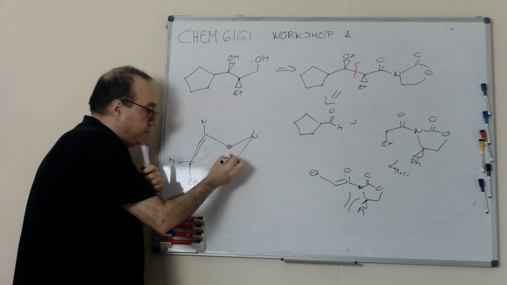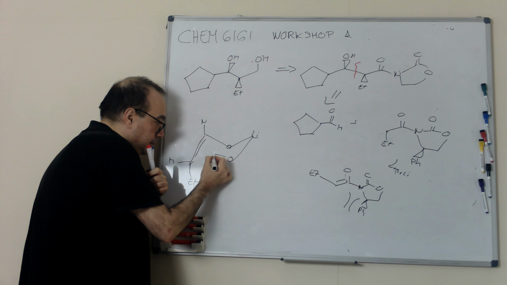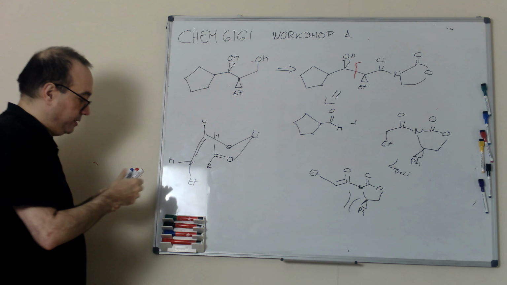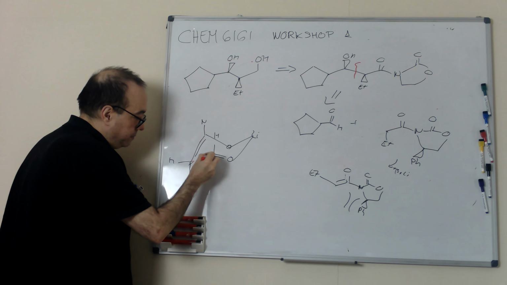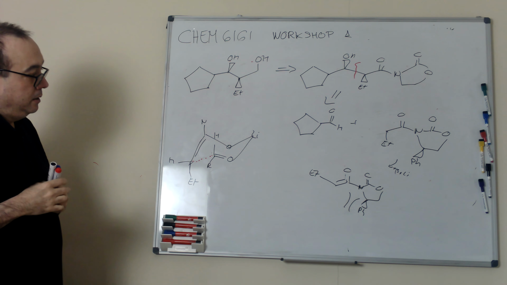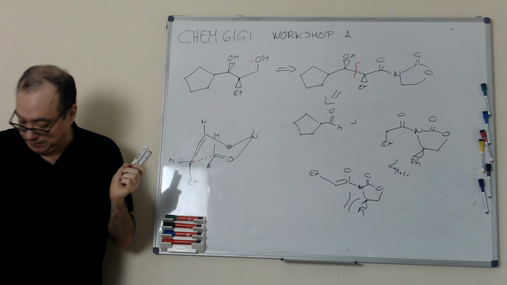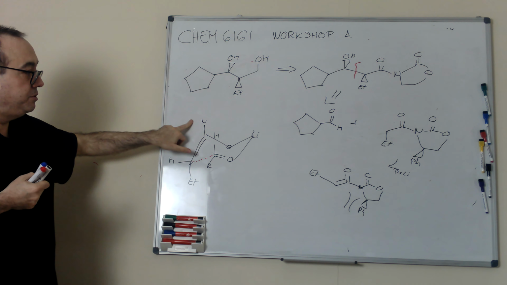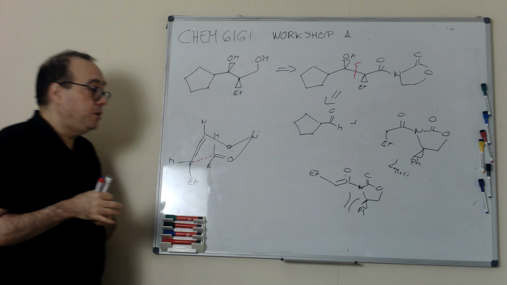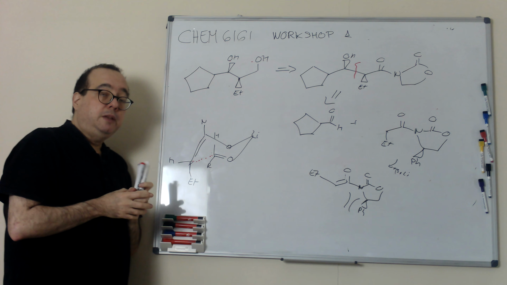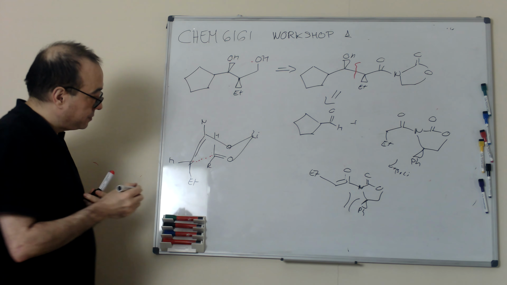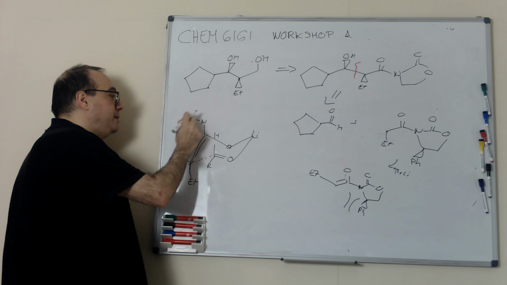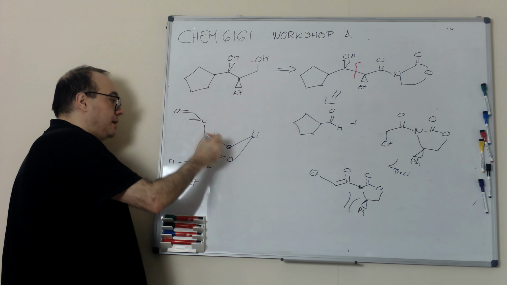In this situation, I put the aldehyde with the R substituent in the equatorial position, and I am forming this one. Okay, this is one possibility. I draw now the chiral auxiliary, and remember, because we are in an enolate formation, in order to minimize the dipole moment, the carbonyl has to be opposite to the carbonyl of the enolate.